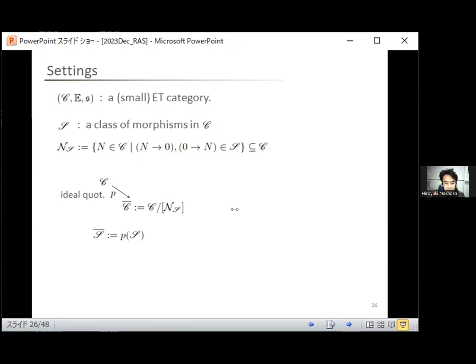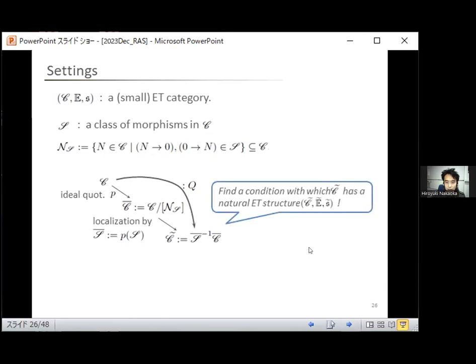And by using S bar, we localize C bar to obtain C tilde, and denote the composition of these two functors by Q. So this Q is a localization functor if we invert the class S. Now the problem is to find a condition for S under which the resulting C tilde has a natural or universal ET structure.